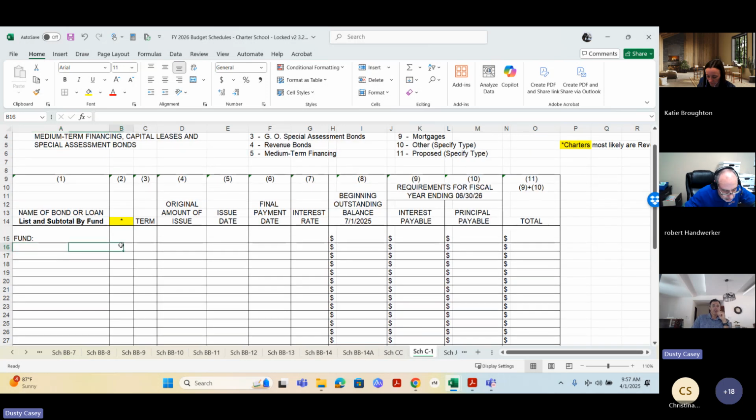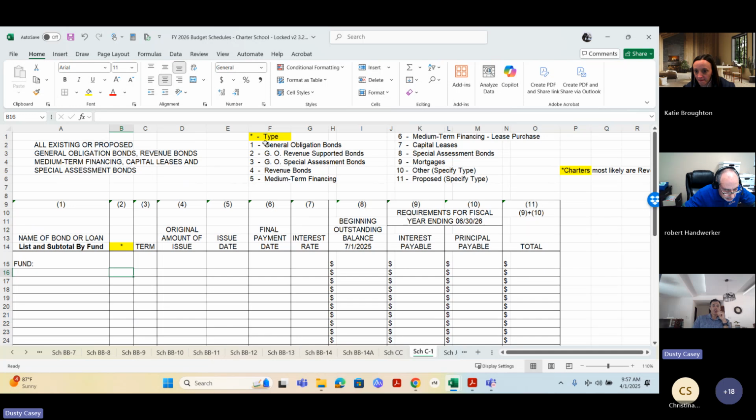But it'll be your fund. And then in column B, you're going to say what type of debt it is based on these Department of Taxation codes up here. None of you really have general obligation bonds or anything like that because those are bonds that are backed specifically by property tax dollars that school districts have.